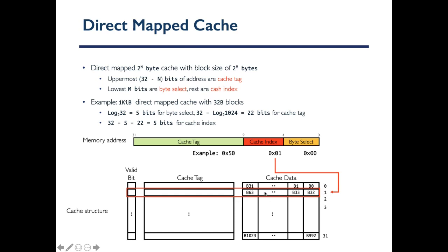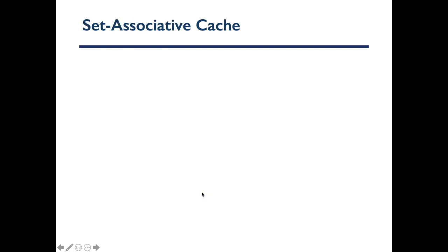I have to check the cache tag with the tag that comes from my address. And I need to get the byte I need. I should have 32 bytes in each block. So I use my byte select, which is 000, so I have to look at the first one. And now I check if the tag I have in my address matches the tag I have stored in my cache. And if so, then I have it. That's all I need to do, right?